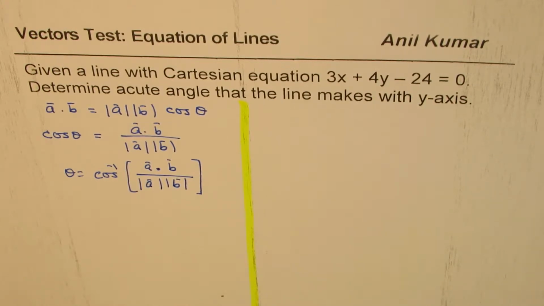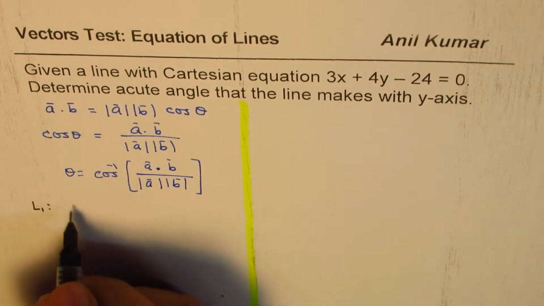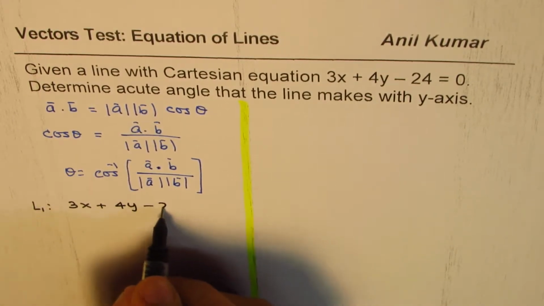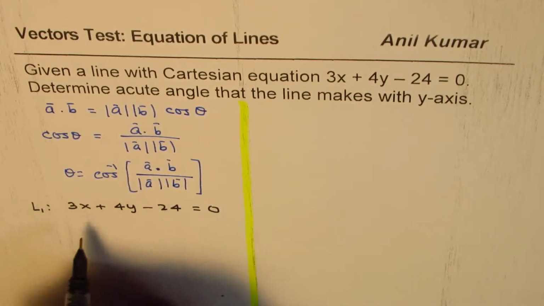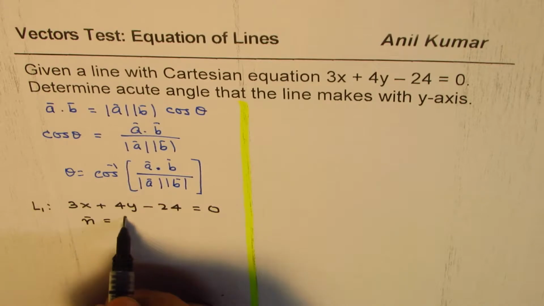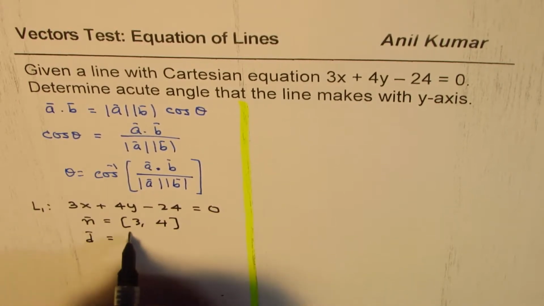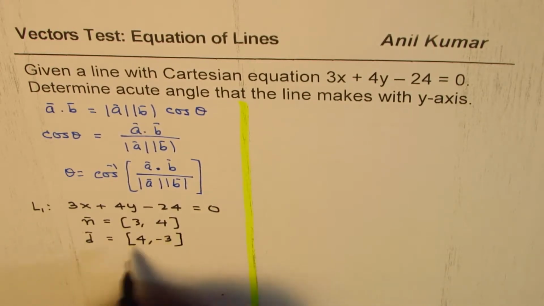Now in the given scenario, we are given the equation of the line. Let me write down the equation of this line as 3x plus 4y minus 24 equals 0. Now from here we know the normal to the line is 3, 4. So the direction will be, interchange this to 4, 3 and make one of them negative.